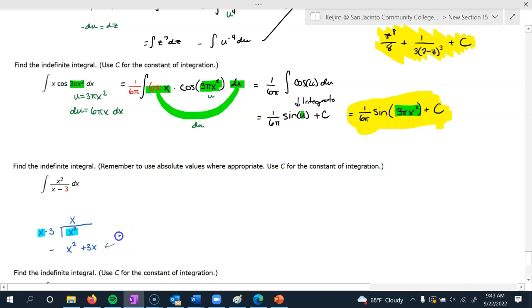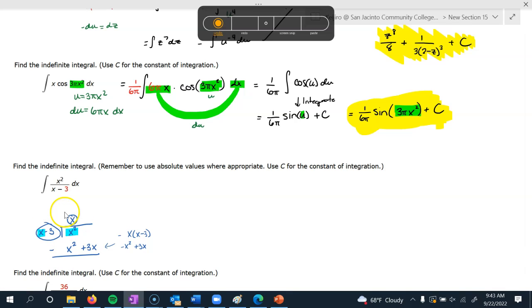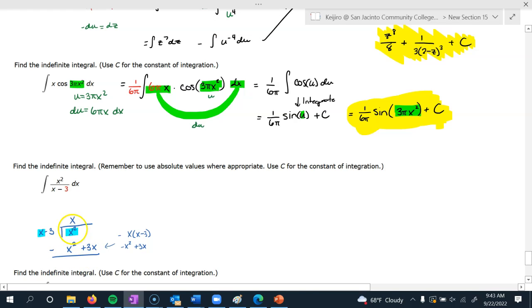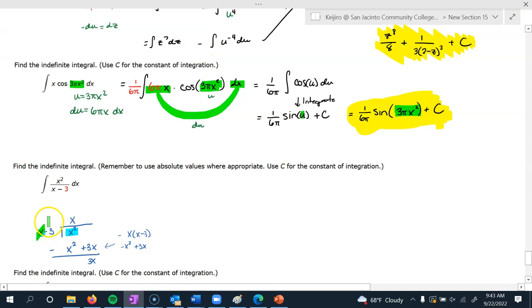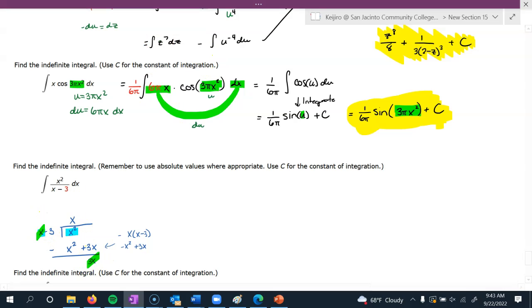We're going to subtract x times x minus 3, which translates into being negative x squared plus 3x. Right, we're just subtracting this number of these. And if you do that, you just get 3x, which, if you do that again, x fits into here 3 times.